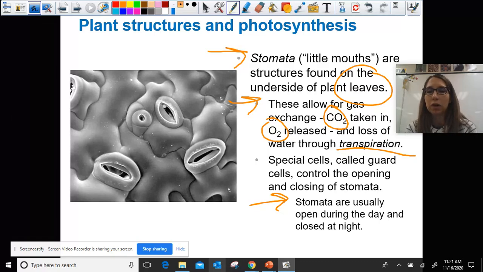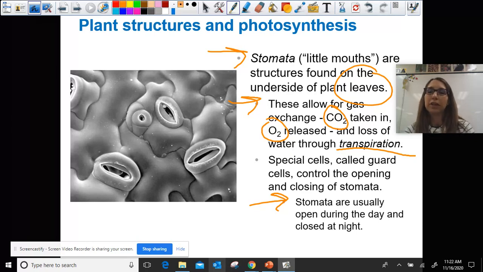So it's liquid water turning into a gaseous form and evaporating and going up into the atmosphere. That also happens through these stomata. So these stomata can move all sorts of gases into and out of the plant. And when we talk about photosynthesis, this is where we're actually obtaining our CO2. This is where we're actually releasing our oxygen.